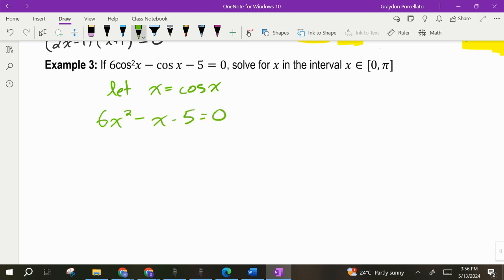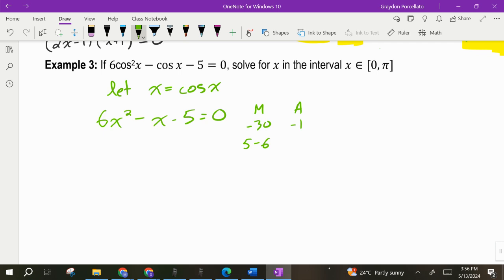I want to factor this. If I factor this, what do I get? Well, I need two numbers that multiply to equal negative 30 and add to equal negative 1. Well, it's 6 and 5. It's going to be 5 minus 6.